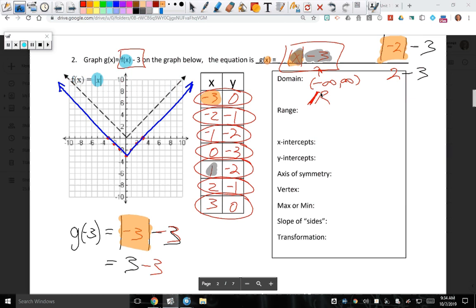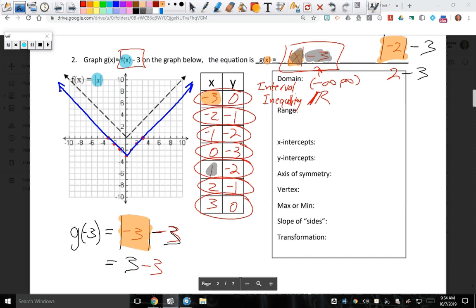So the ones that I'm really looking for are interval and inequality. The set notation, remember it, but not for right now. I'm not really concentrating on that.